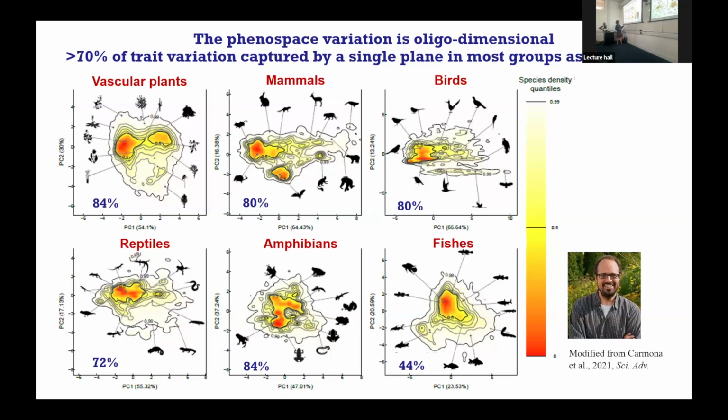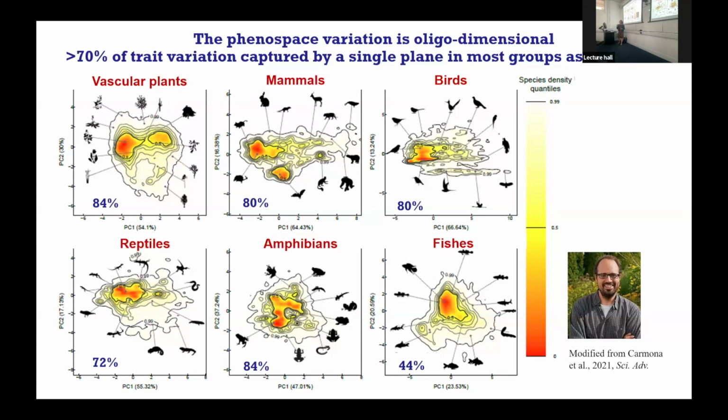In most cases, more than 70% of the total variation is captured in the first 2 dimensions. In most cases, these first 2 dimensions are strongly determined by body size and pace of life. And virtually in all cases, the phenospaces are definitely lumpy, with some combinations much more popular than others, marked here in the hotspots.